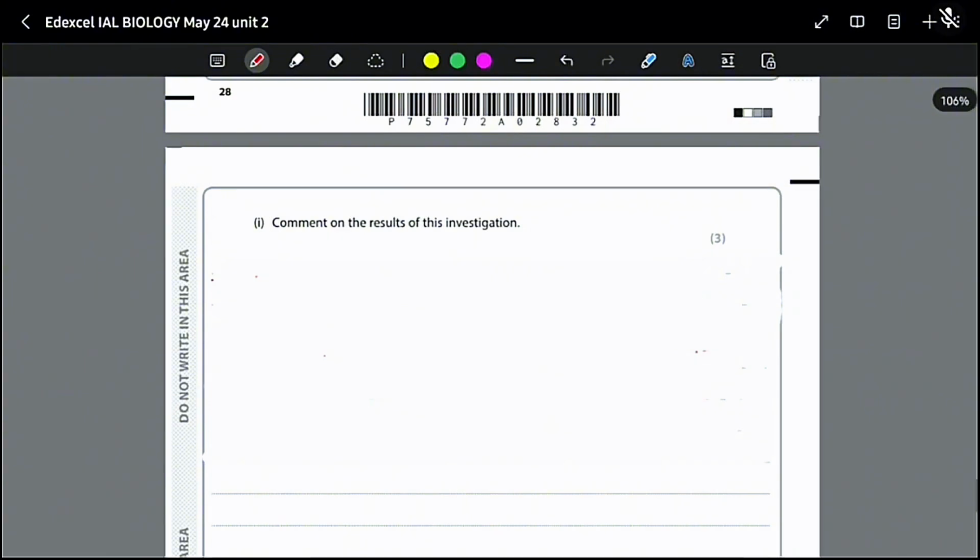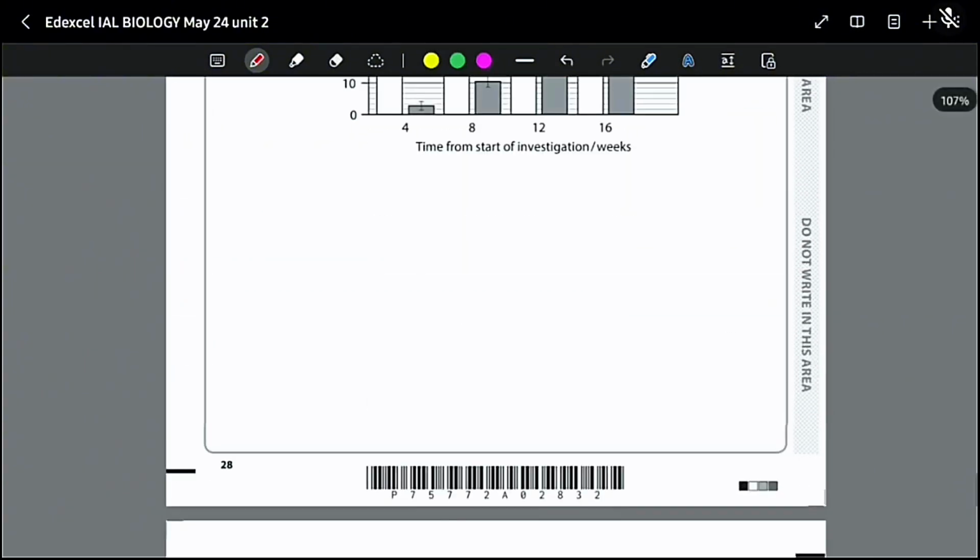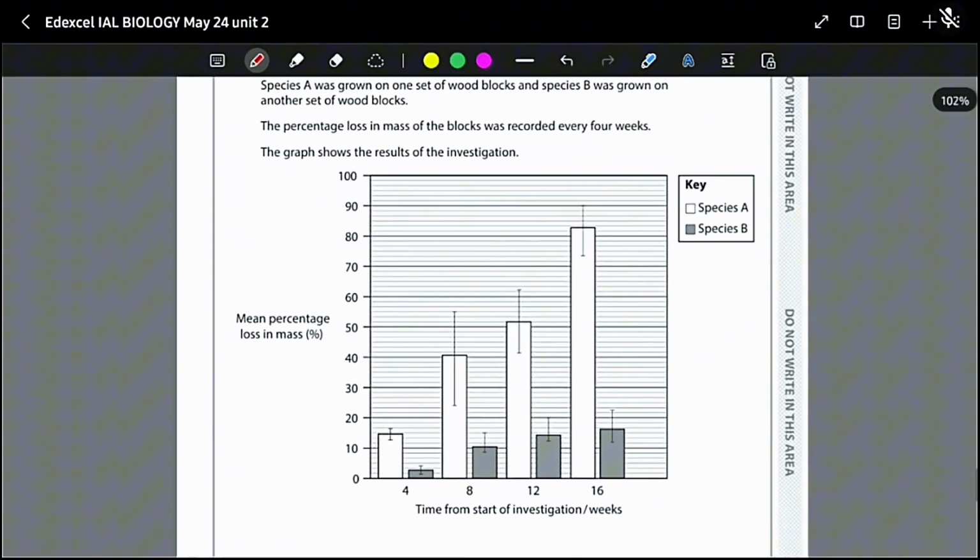Comment on the results of this investigation. So here we can see that as the time increased, the mean percentage loss in mass for both species A and B increases. So here we see an increase for A, an increase for B too. But for species A, we can see it's higher, which is a higher percentage mass loss at each time point.